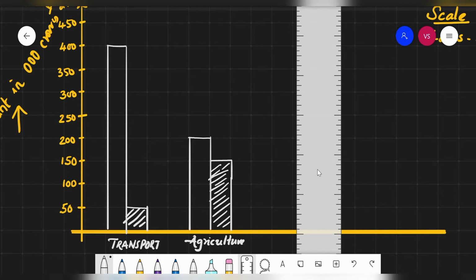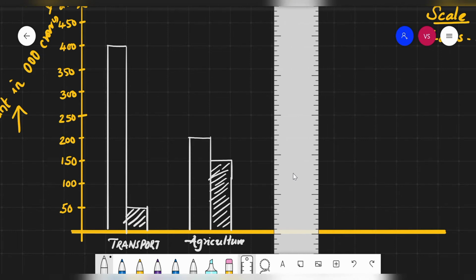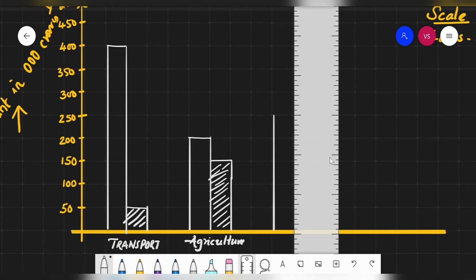Education, central government has released 250 thousand crores, 250,000 crores. The line comes here, 250. Okay, then I'll draw 250.